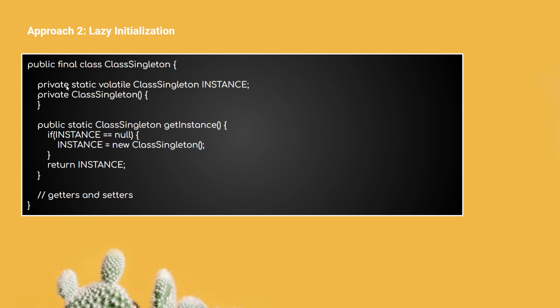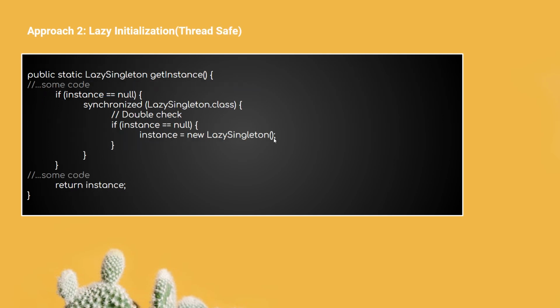So it may be used with a multi-threaded object, but here the drawback is that it can be used only for the single thread approach. If we have to go to the multi-thread approach, then we need to do synchronization over the method. Here is the thread safe approach, you can see.